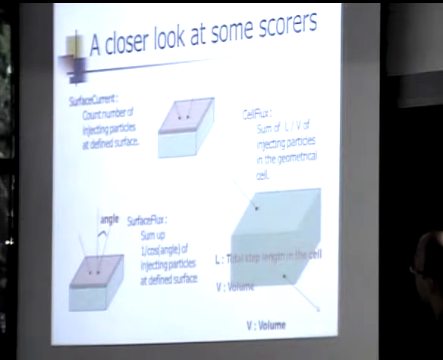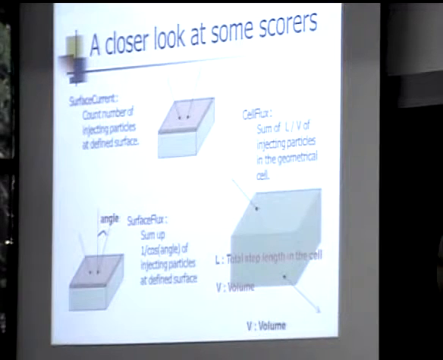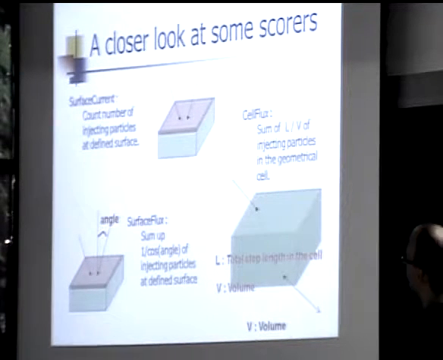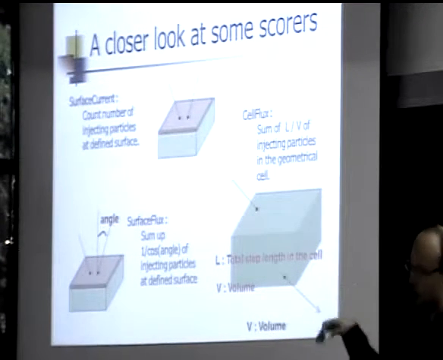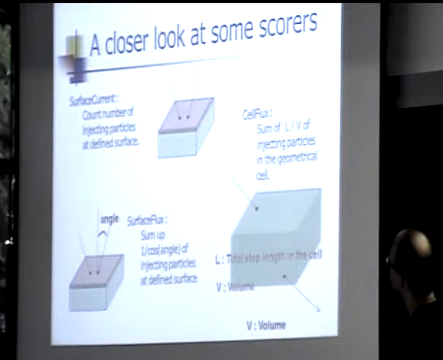You also have two versions of currents, so you can calculate the flux in a scalar way, where whichever angle it counts 1, and you can also use the vector definition of flux, so that each track is weighted with the cosine of the angle. So you can do both of these things, counting as scalar or counting as vector.